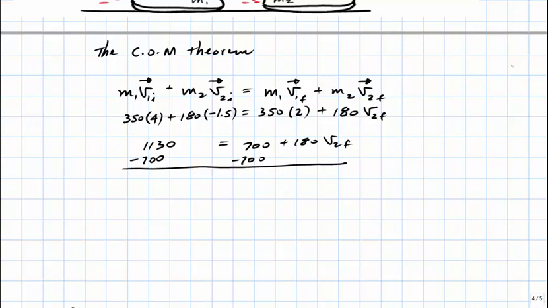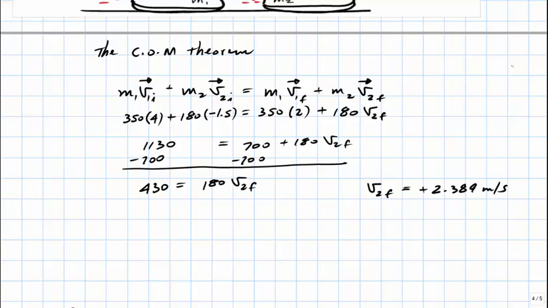The result on the left is 430, and on the right we have 180 times V2 final. And of course, if we divide both sides by 180, V2 final equals positive 2.389 meters per second.